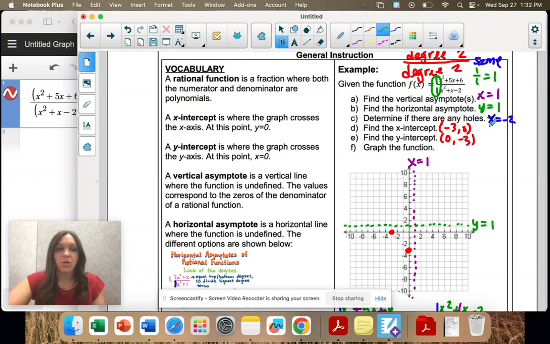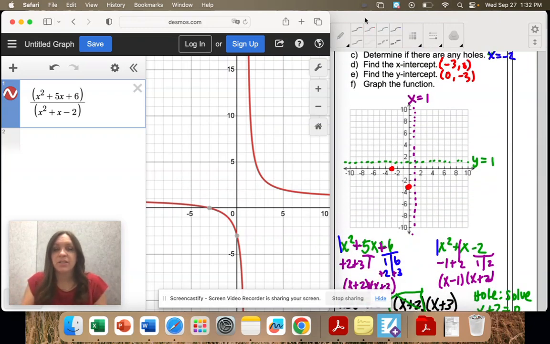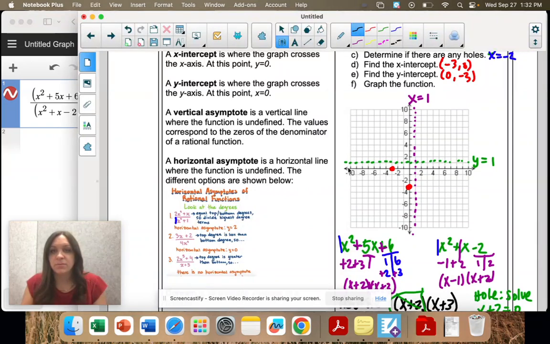But remember, there's a hole at negative 2. So when I hit negative 2, it's undefined. So how we draw that on a graph is I'm going to come here and graph it. Then once I hit negative 2, I draw a circle. There's my hole. And then it goes down. So if I were to write the domain of this piece of line, it would be negative infinity. And then there would be a break at that hole at negative 2.